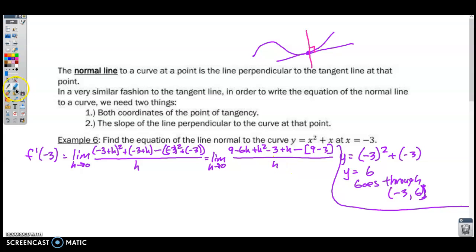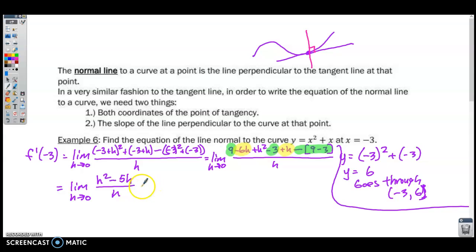And so all these numbers are going to cancel each other out here: the 9, the minus 3, the minus 9, and plus 3. Okay. And then these two terms, I can combine those like terms, and this turns into the limit as h goes to 0 of h squared minus 5h all over h.